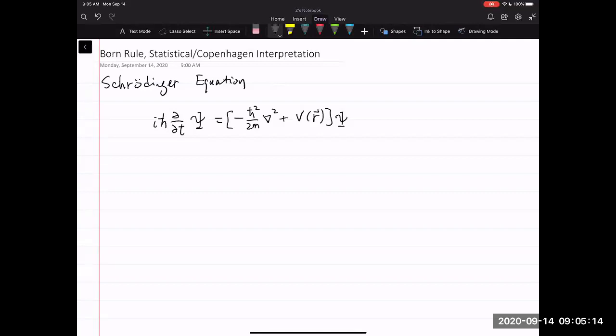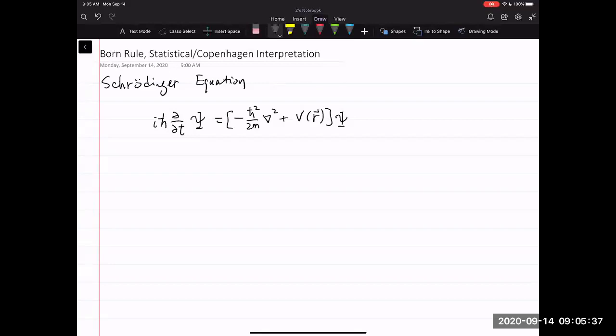The second step is, if we know the wave function, how do we compare the predictions of the quantum wave function to the real experimental measurements? So the first step is, given a particular system, how do we find out the wave function? And we do that by solving the Schrodinger equation.